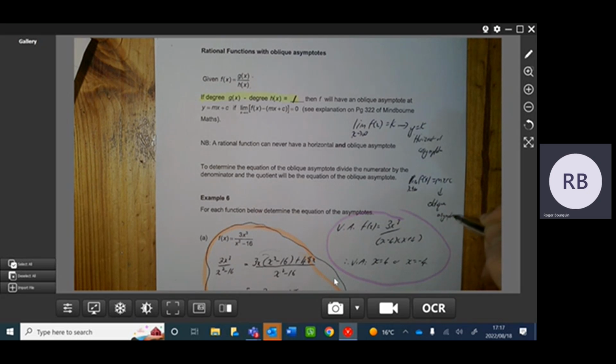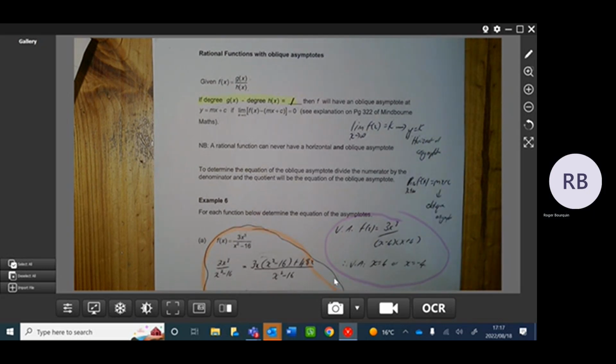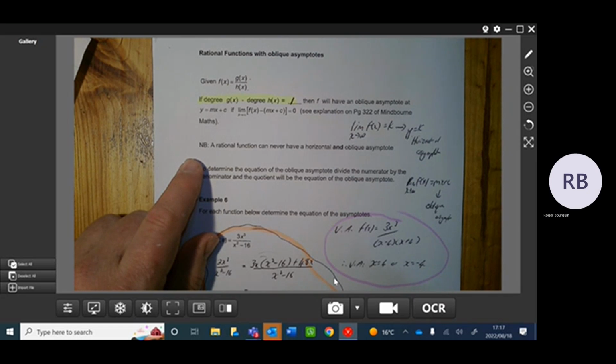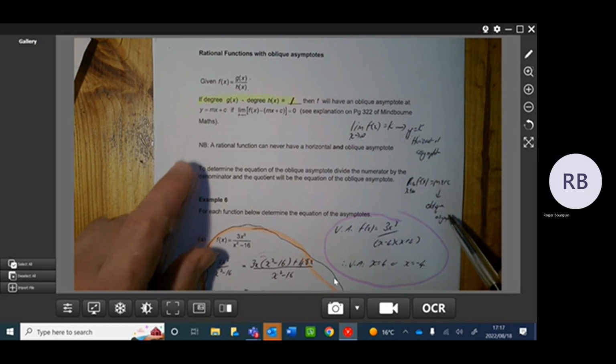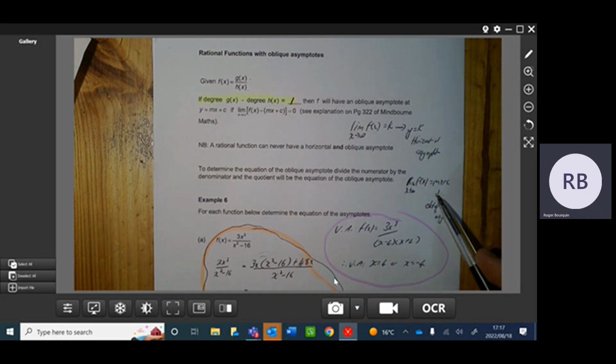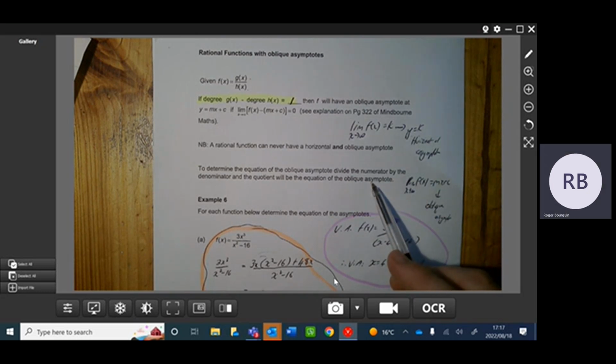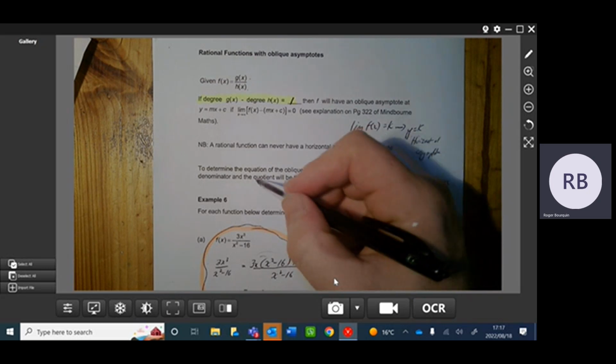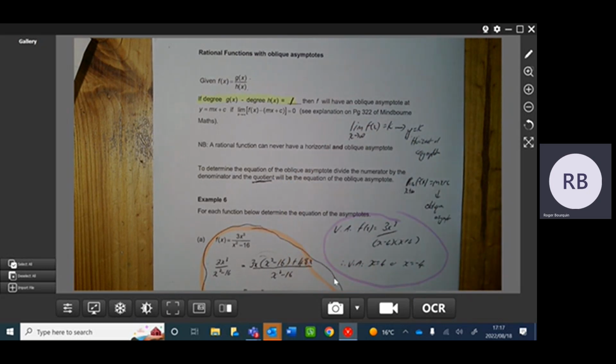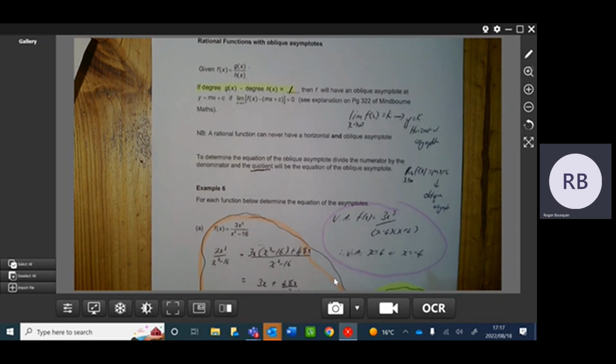The limit as x tends to infinity of f(x) is going to be something of the form mx + c, and that's an oblique asymptote. Because they're both limits to infinity, you can't have a limit which is a constant and something of the form mx + c.